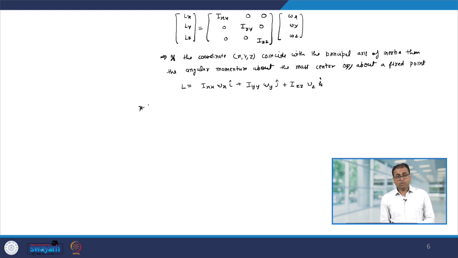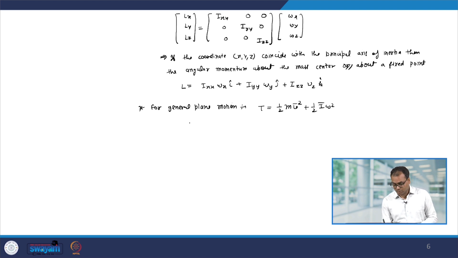Now, we have also shown that for general plane motion, something that we proved, the kinetic energy T is equal to half m v bar square plus half I bar omega square, where I bar is the moment of inertia about the mass center and v bar is the linear velocity of the mass center.